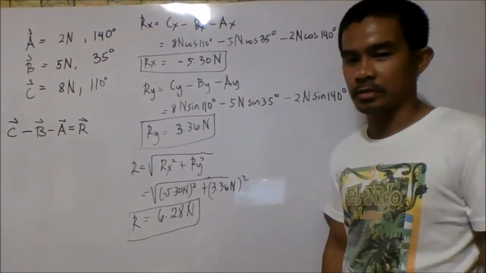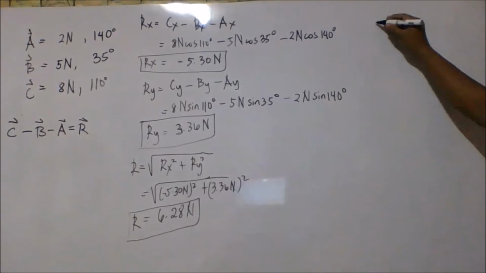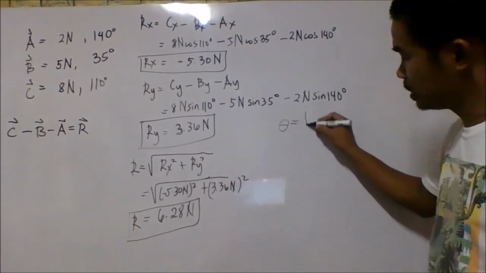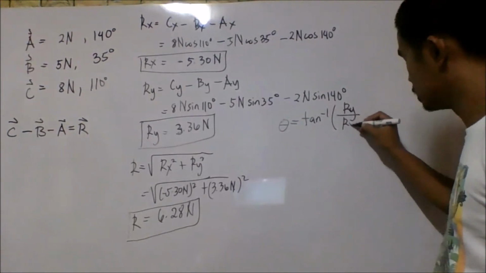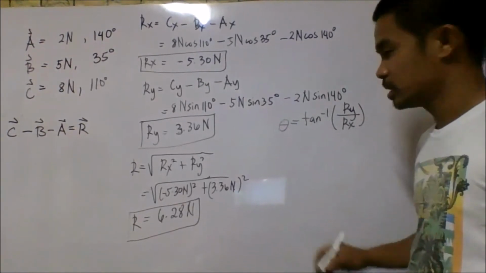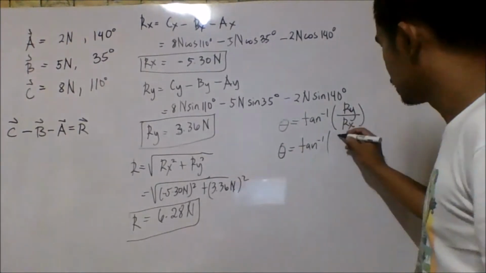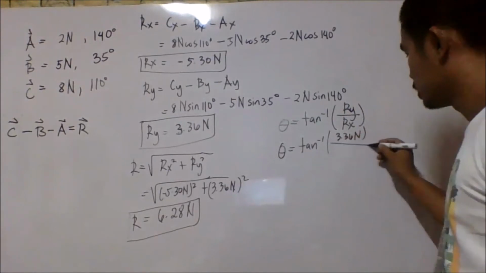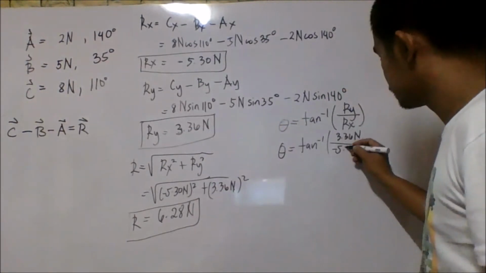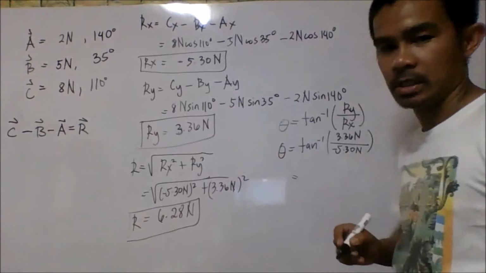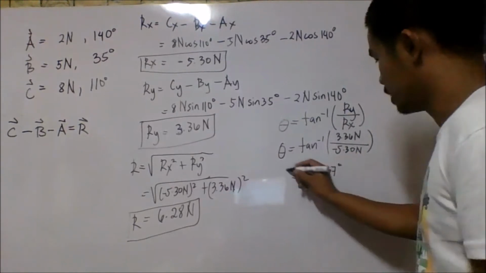How about the direction, theta? Theta is the inverse tangent of the y component over its x component, or theta equals the inverse tangent of R of y, 3.36 Newton, over the x component, which is negative 5.30 Newton, and that is approximately equal to negative 32.37 degrees.